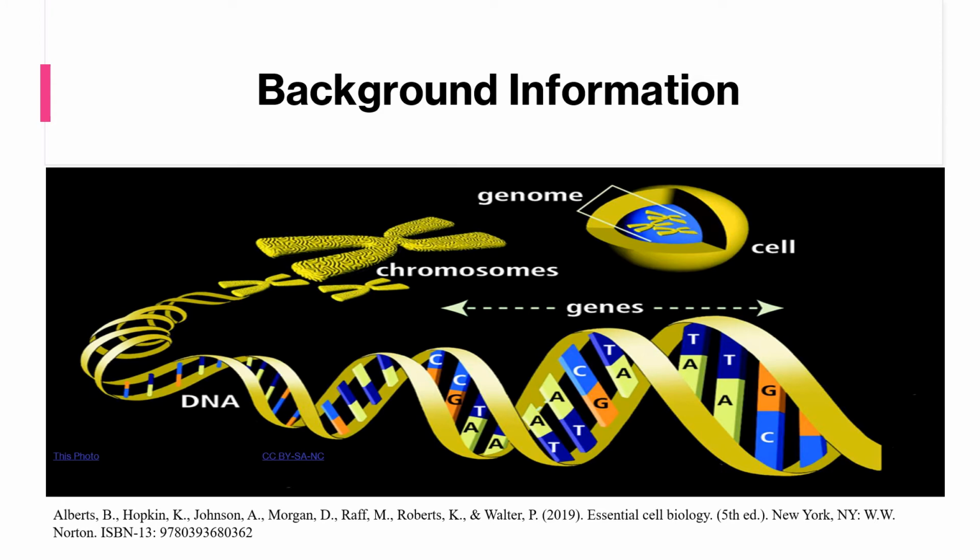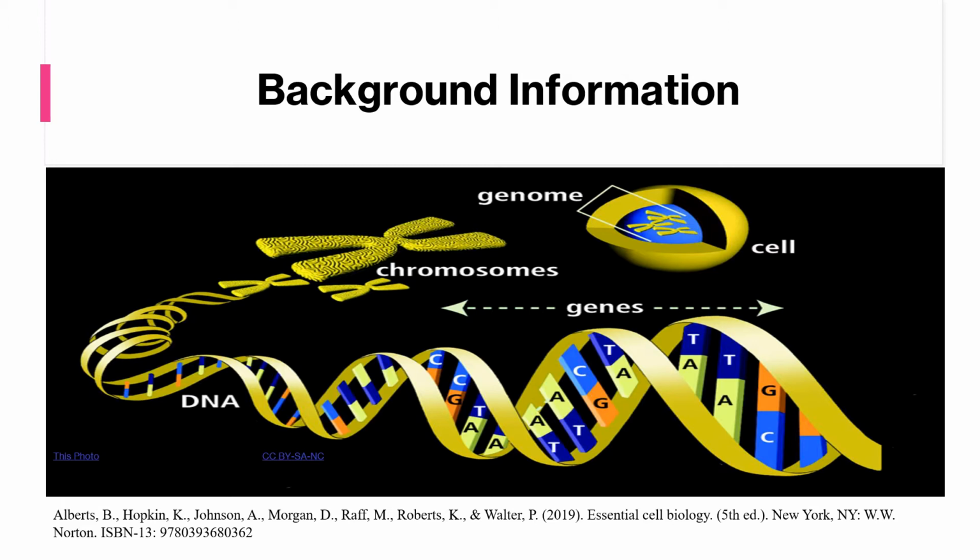The picture we are viewing on this slide is the DNA molecule. Genetic information can be found on DNA molecules. This information is encoded on 4 nucleotides: adenine, thymine, guanine, and cytosine, and they are represented by the letters A, T, G, and C in the picture.